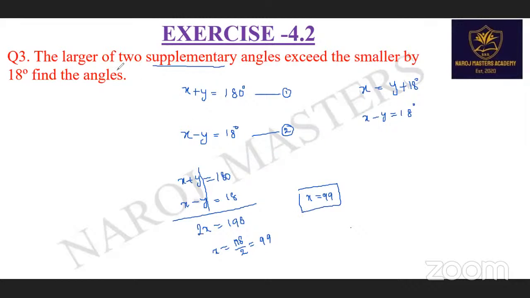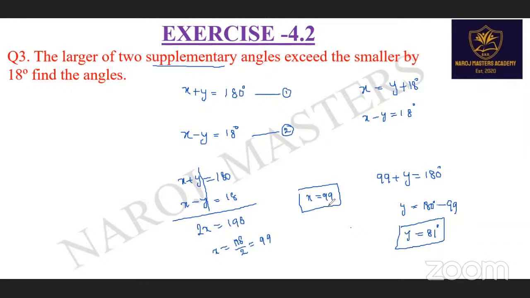Then we know that the sum of two angles is equal to 180 degrees. It means 99 plus y is equal to 180 degrees. Then y is equal to how much? 180 minus 99, that is 81 degrees.